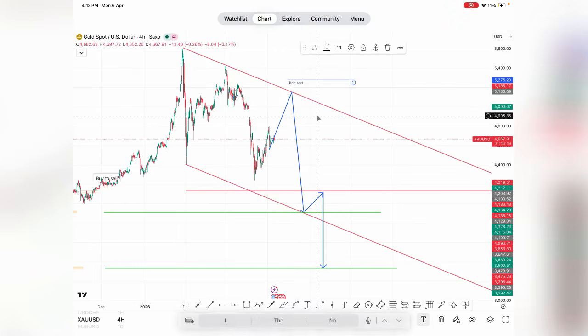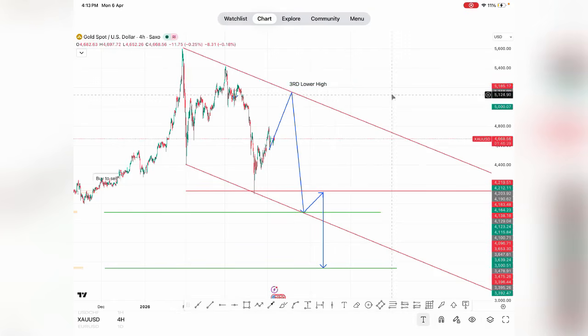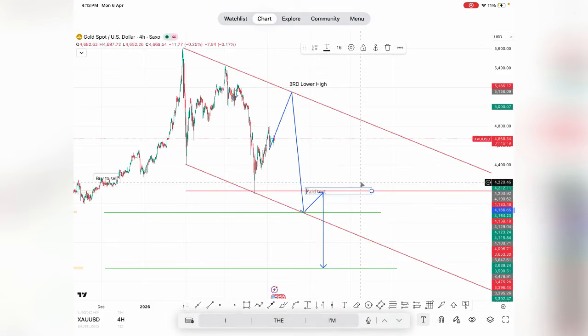Then I just indicate, so this should be my lower high. This should be my new lower high, or my third lower high. Then this point should be my third lower low.